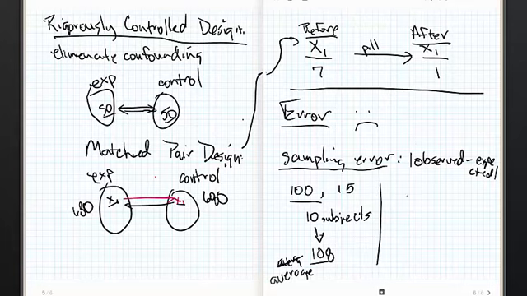Now, let's say that my instrument with which I measured IQ was off. It didn't measure it correctly, for better or for worse. Maybe it measured too low, maybe it measured too high. Maybe the results that it got were off. That's called non-sampling error. Now, this is bad. Muy malo.